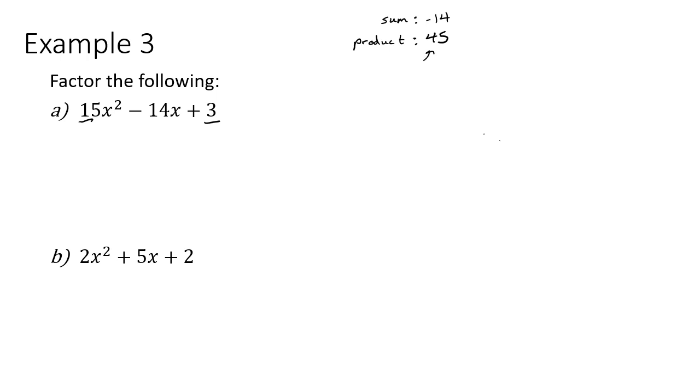Now, the sign of the product can help clue you into the signs of the numbers you're looking for. Since our product is positive, positive 45, the only way that happens is if you multiply two positive numbers together, or if you multiply two negative numbers together. So in other words, the signs have to be the same.